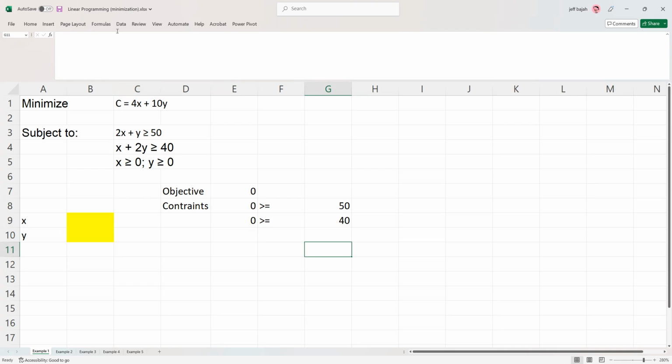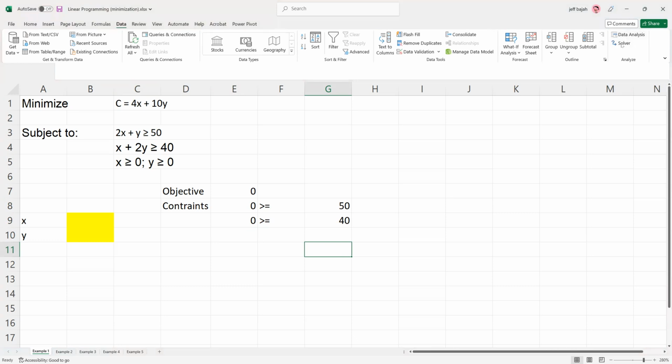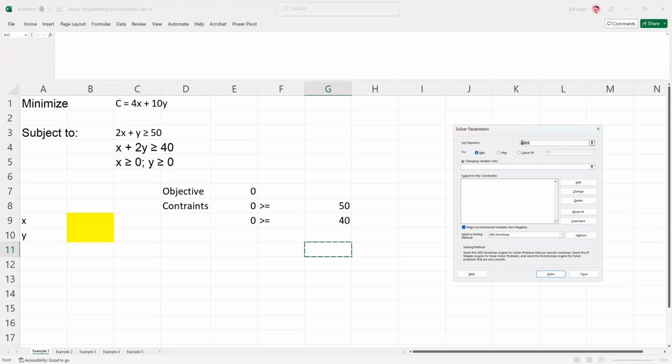So now what you do is you go to data, you select your solver here. And now it's asking what's the objective. We know our objective is this value here. This is a minimization question, so we'll do minimize. It's asking which variable cells we're dealing with, and it's these 2 cells.